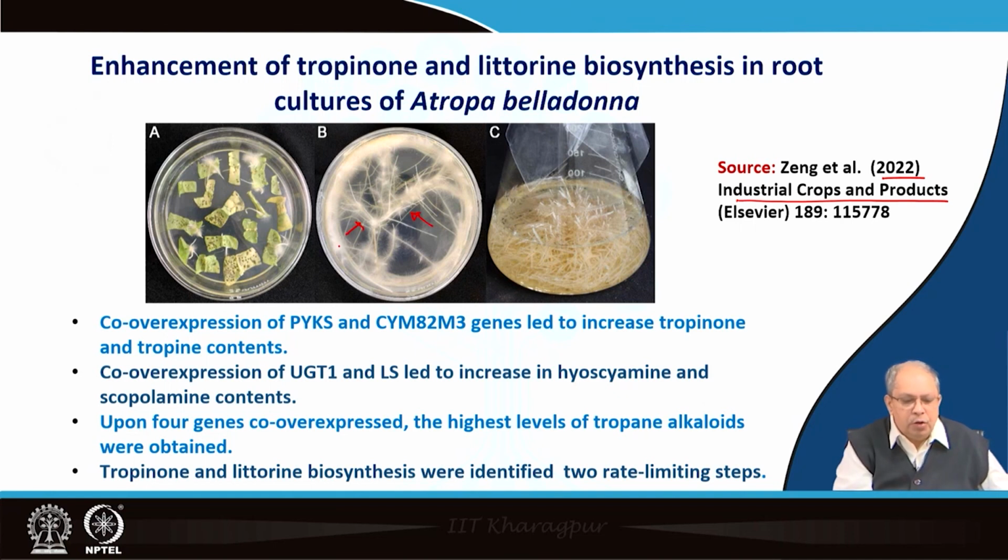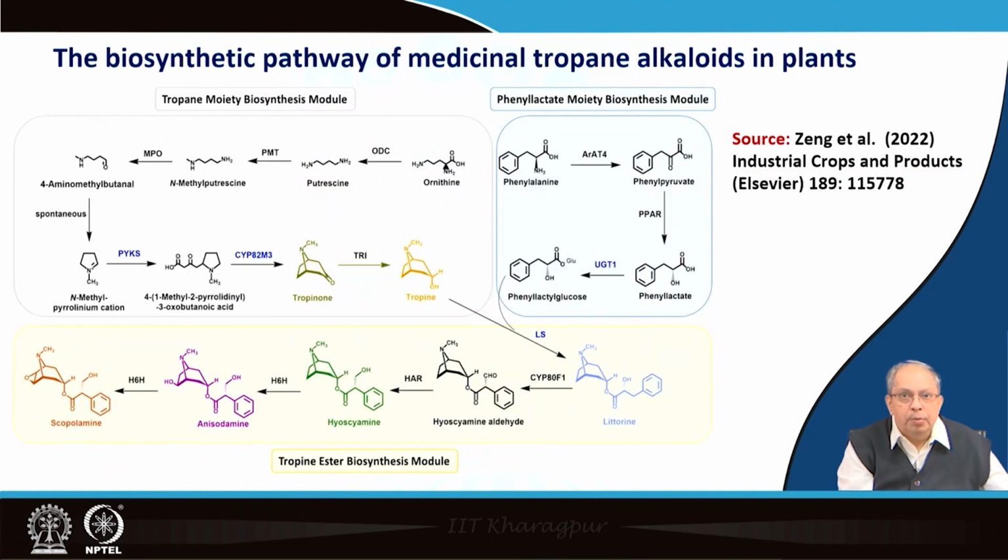These hairy roots contain the genes for tropinone and littorine biosynthesis, which were inserted using a binary vector approach, and as a result the hairy roots are expressing these genes. This is the hairy root of Atropa belladonna, which means the tropane alkaloid pathway is operating. There may be additional copies of genes that can be inserted, and let me go to the next slide to see what happens as a result.